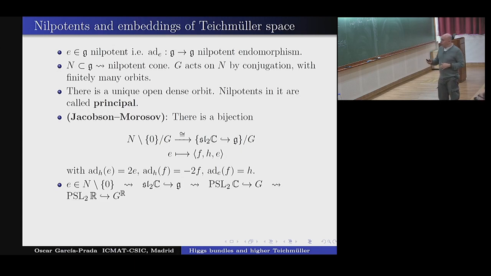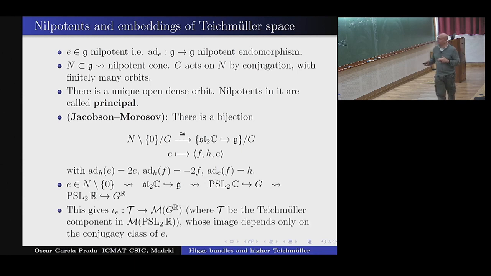If you have this nilpotent element, then you have an inclusion of SL2C in G. This gives you an inclusion of PSL2C in G. Sometimes, depending on the center of G, you may have an inclusion of SL2 actually, but let me put generally SL2 or PSL2. If you take the real part, the split real form PSL2R goes to GR. So this is what you have.